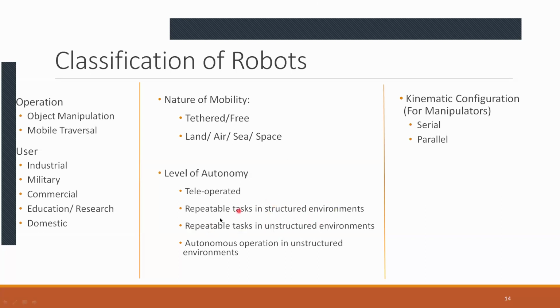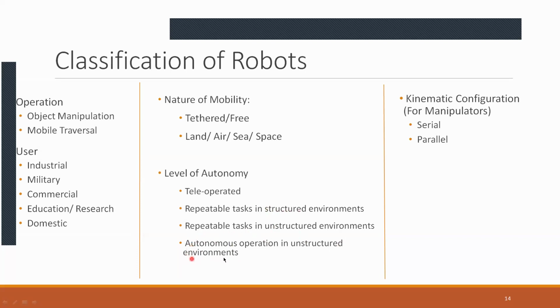Now, both these classes of robots, whether they work in structured or unstructured environments, we build them, we kind of teach them a set of rules in order for them to function. And the last level of autonomy, which is the fully autonomous operation, is where the robot itself can decide what tool to pick, where to pick it up.